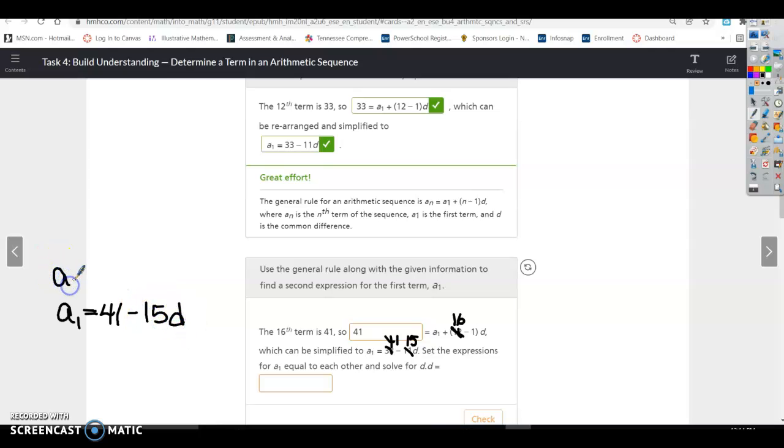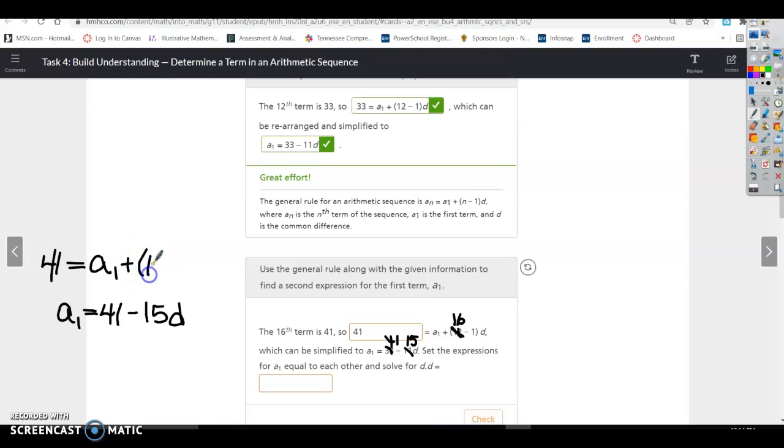And that came from a sub 1 equals your first term, or wait a minute. Now I'm getting confused. All right, so back up. We're going to put in 41, which is not our first term. It's just our a sub n. And that's going to equal our first term plus this term given.